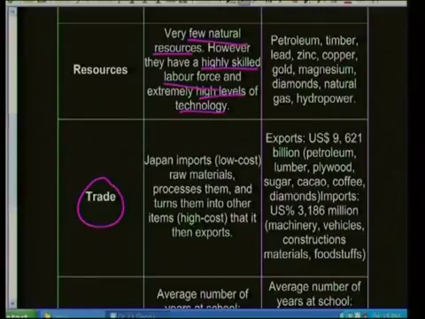If we go to the Republic of Congo, it says exports, 9 billion, petroleum, lumber, plywood, sugar. And imports, sorry, 3 million. They're importing machinery, vehicles. In other words, they're exporting goods in the raw material phase, and they're importing much higher quality goods.